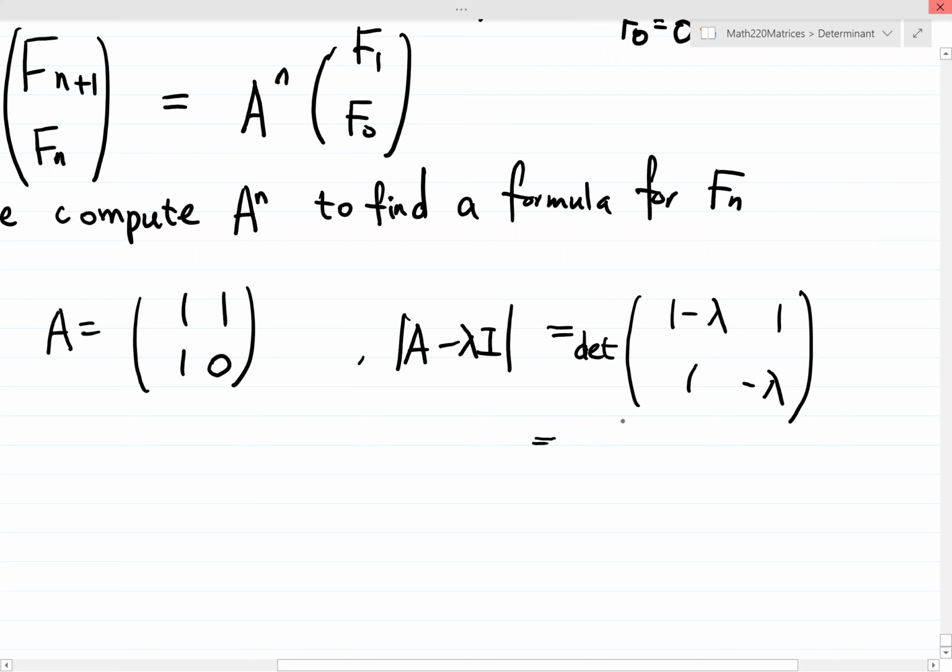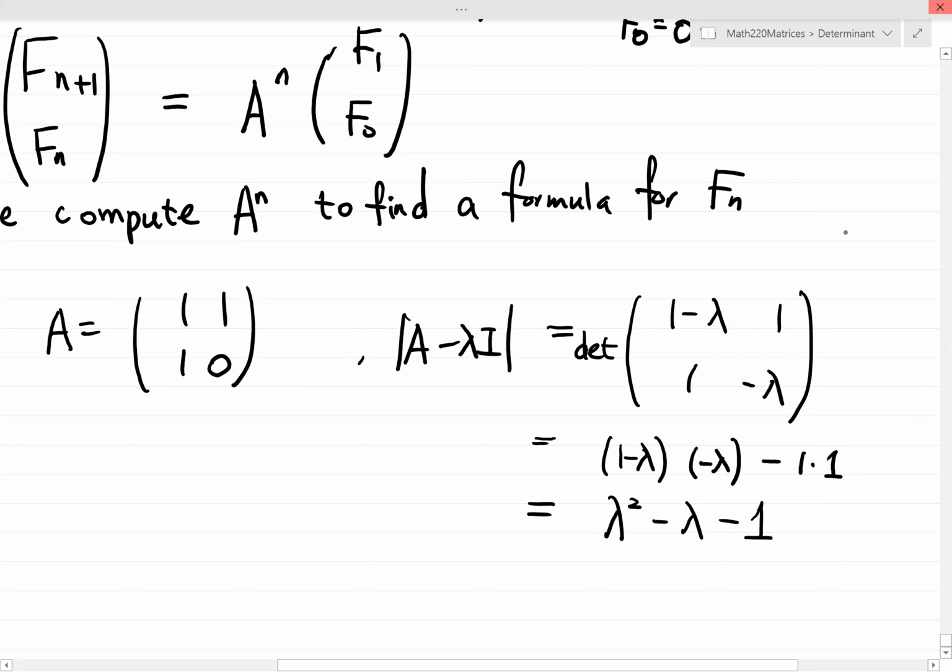This is 1 minus lambda times negative lambda, minus 1 times 1. Using a little algebra, we get lambda squared minus lambda minus 1.